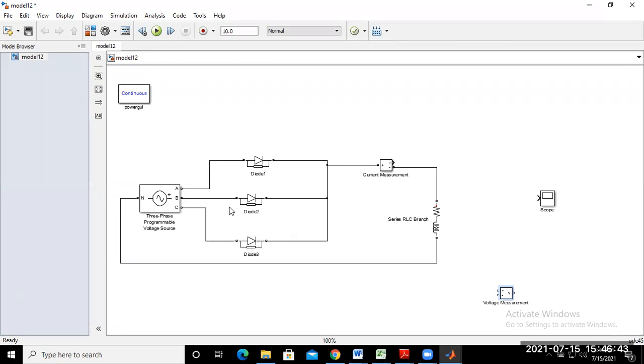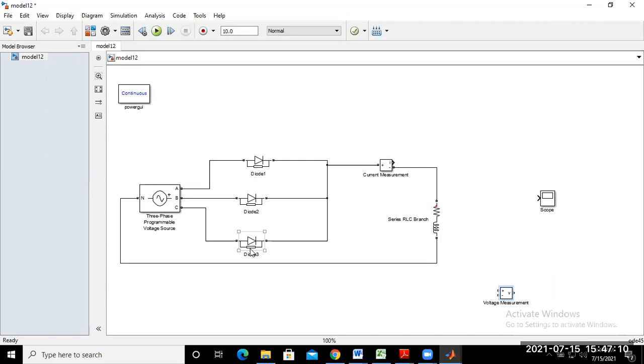So whichever is more positive, that diode conducts at that instant. After this, at 120 degrees, diode 2 becomes more positive, so diode 2 will start to conduct. Similarly, after some time, diode 3 becomes more positive, so diode 3 starts conduction.